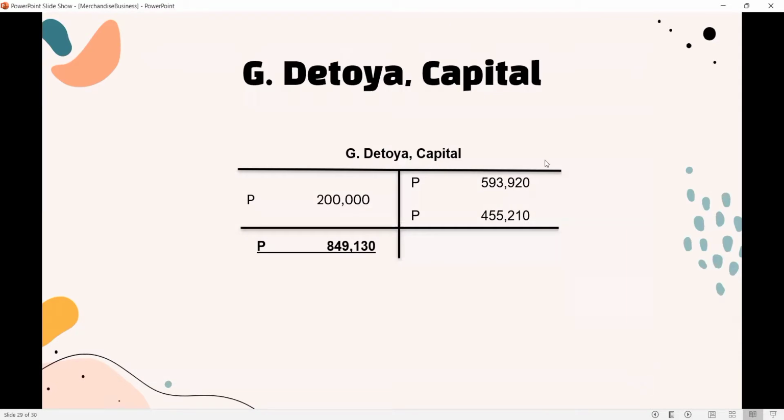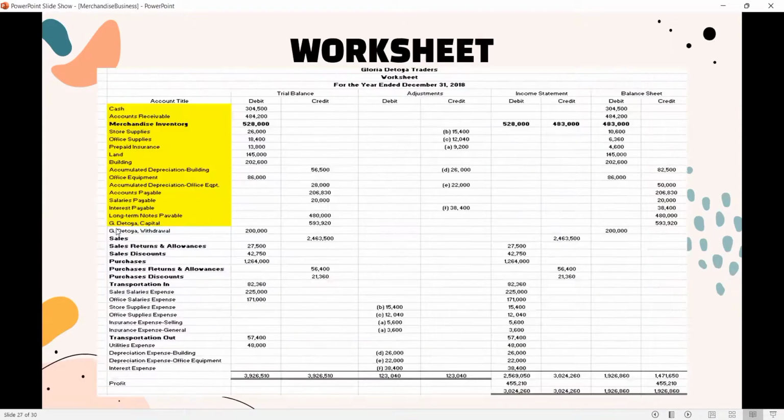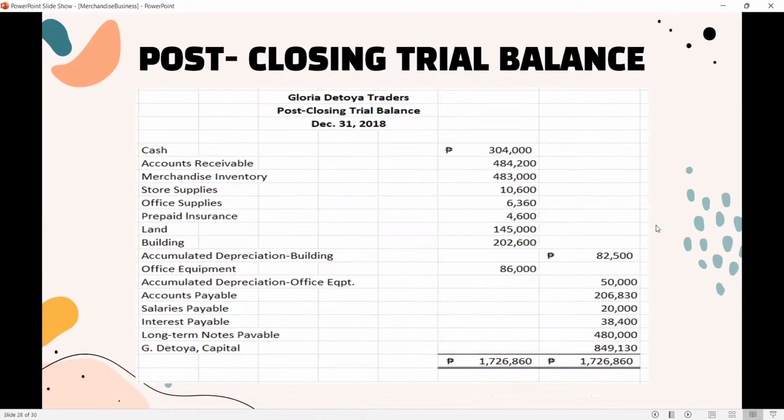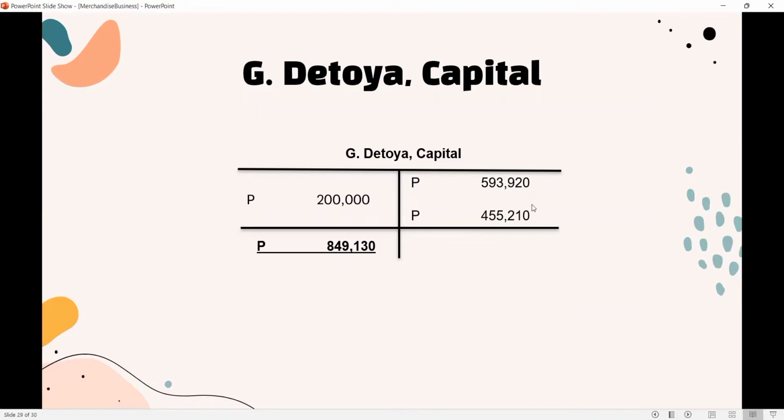Meron tayong beginning na 593,920. Ito yan, dito siya. Beginning balance. And then, meron tayong 455,210, di ba?